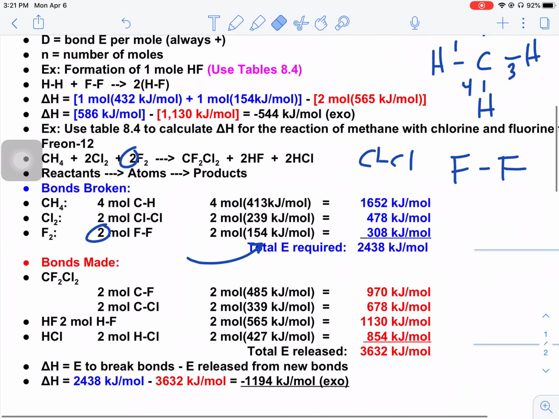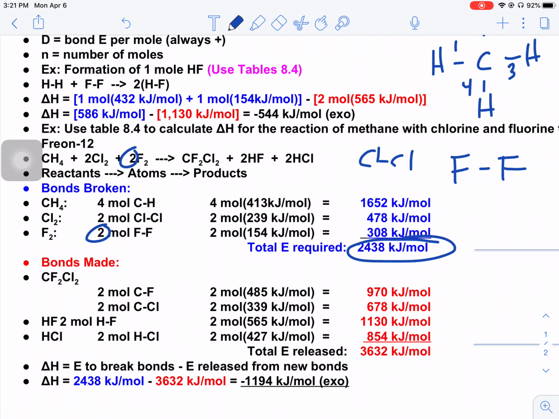Now, what we end up getting is all these numbers. And if we add them all together, this is how much energy we need to put in order to break all the bonds on the left side of the arrow. So we have 1 mole of methane, which we know has 4 identical carbon hydrogen bonds.